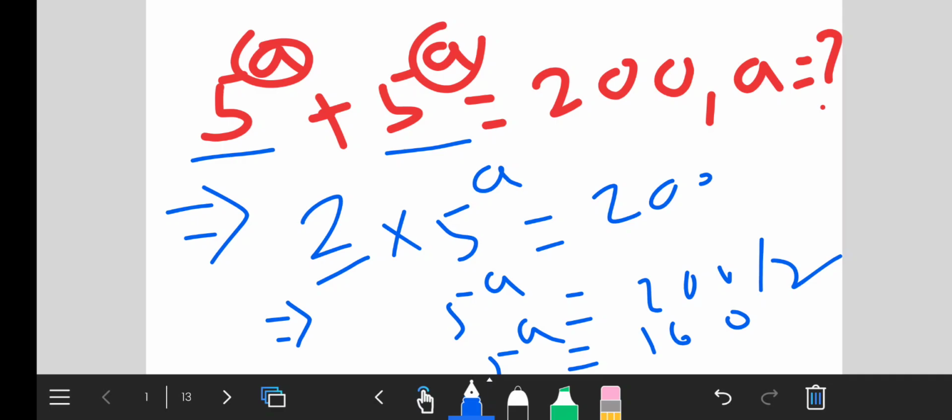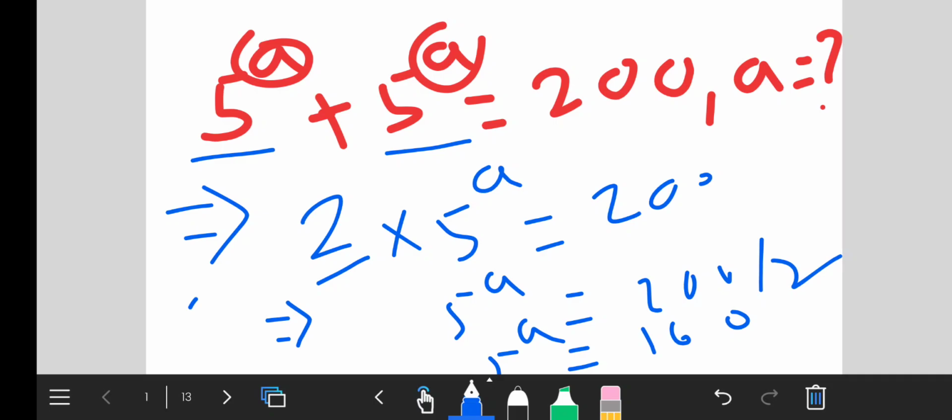So what is the value of a? a should be between 2 and 3. So we can estimate the value of a.